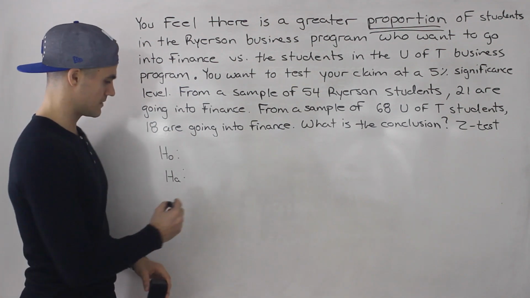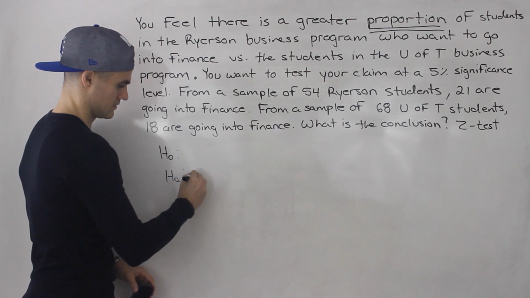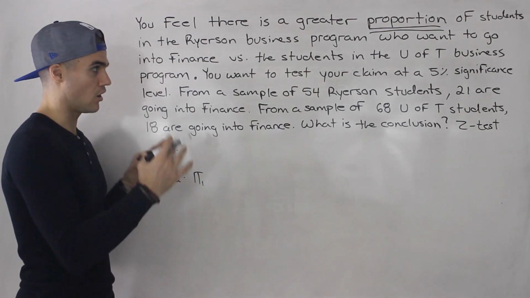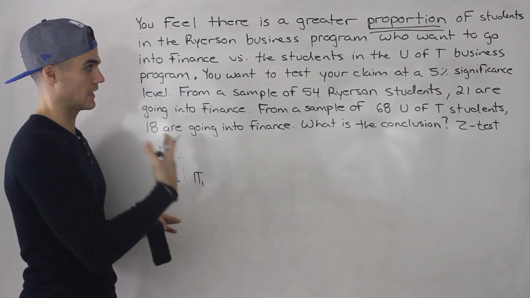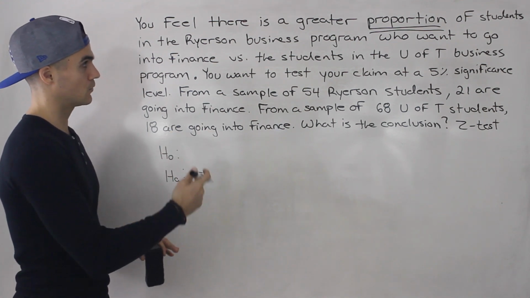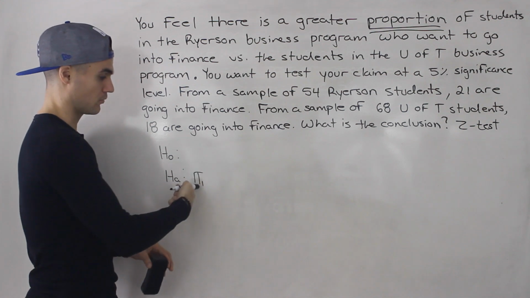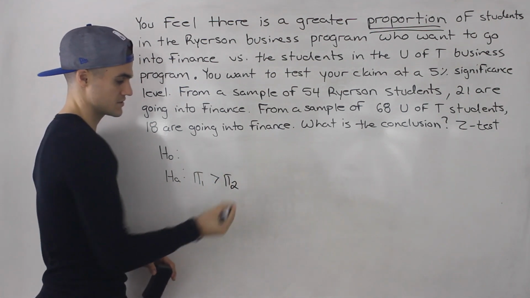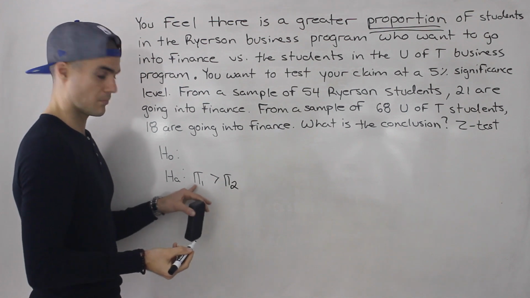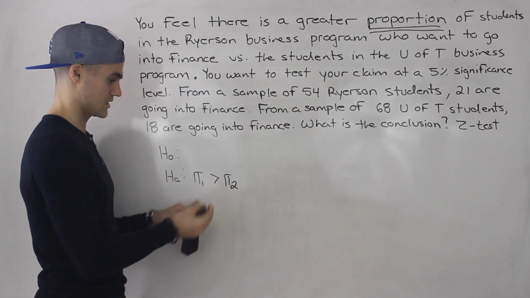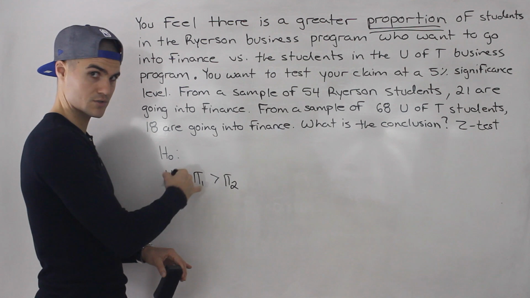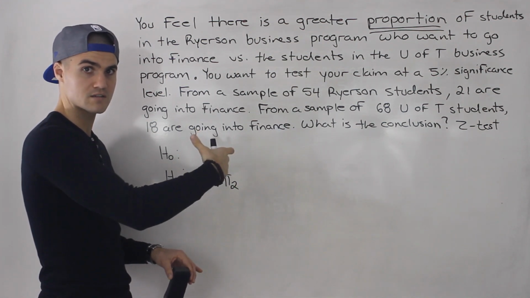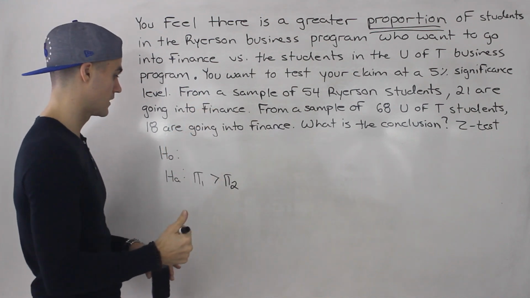So if we let pi 1 represent the proportion of all of the Ryerson students going into finance, we're testing for whether there's a greater proportion of Ryerson students versus U of T students. Right? So pi 1 represents the proportion of Ryerson students going into finance. Pi 2 represents the proportion of U of T students going into finance for the whole population.